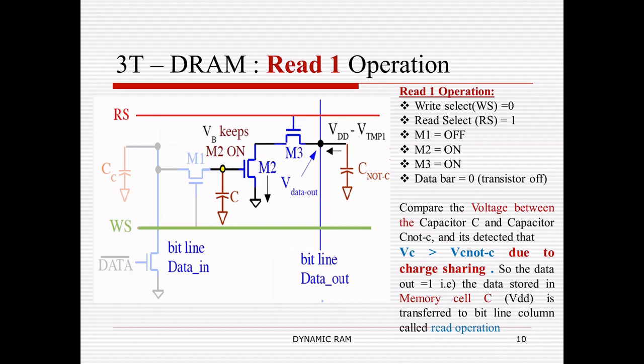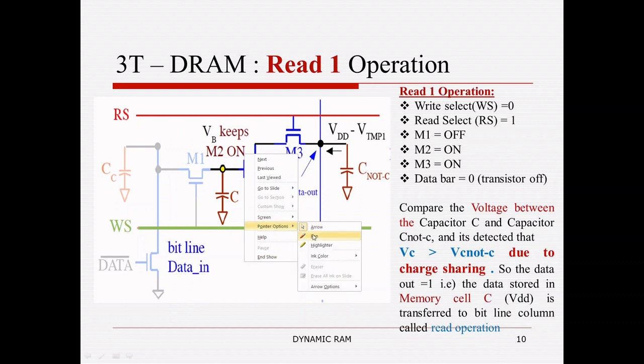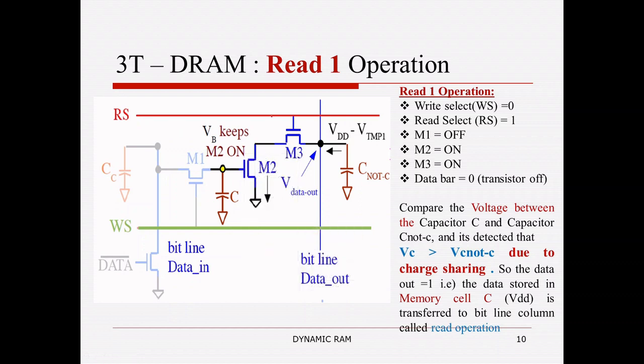Next, the read 1 operation. As we discussed in the previous slide, in a read operation the information, the energy, is transferred from the memory cell to the bit line. Since it is a read 1 operation, I keep row select equal to 1 and write select equal to 0, so that transistor M1 becomes off and the initial voltage across the memory cell will be VDD.